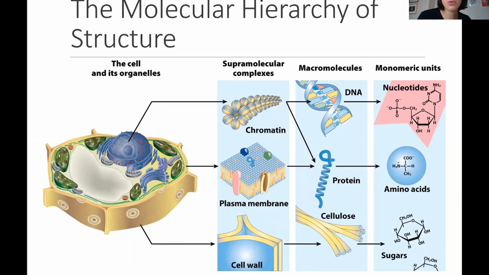But then even those are made up of macromolecules like DNA and protein and cellulose. And those macromolecules are technically made up of even smaller units, those monomeric units: nucleotides, amino acids, and sugars. This is a reminder that most of the biology in this unit is going to be comprised of small molecule chemistry.